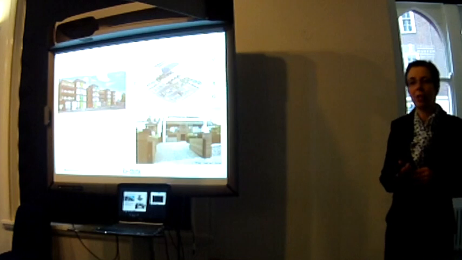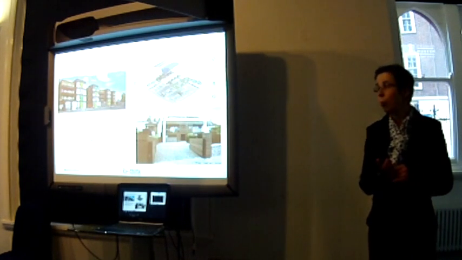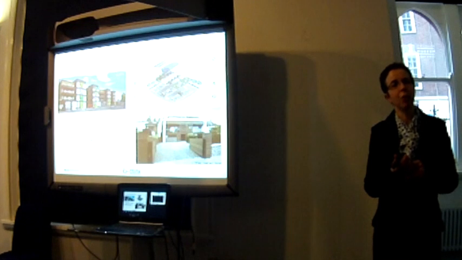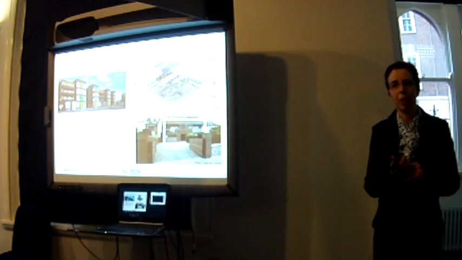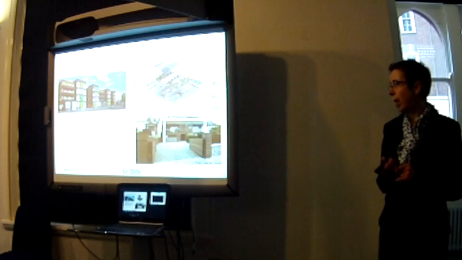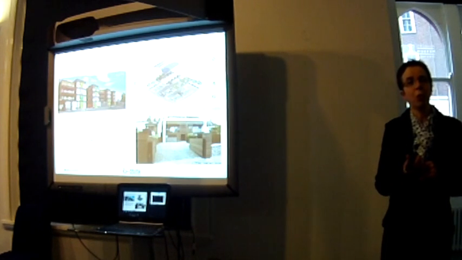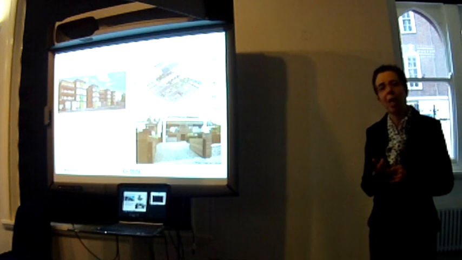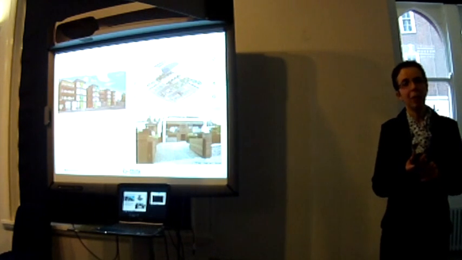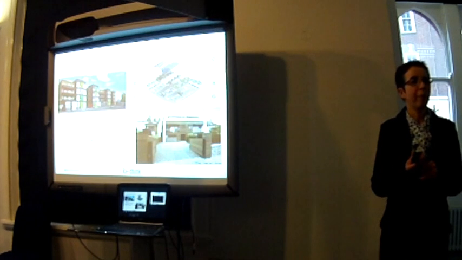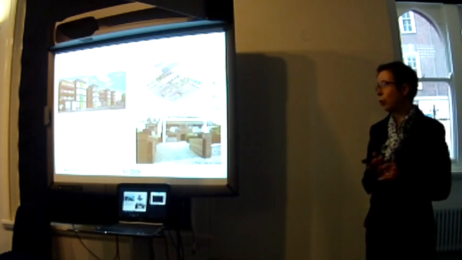So the next example of a different design is pop-up and modular housing. So modular housing means you can make houses where jobs are needed rather than in the middle of an urban environment. So it reduces the noise and the number of heavy lorries needed on site. And if you're making houses in a factory, they can be made to much better standards of production and higher tolerances, so they're more efficient and energy efficient.